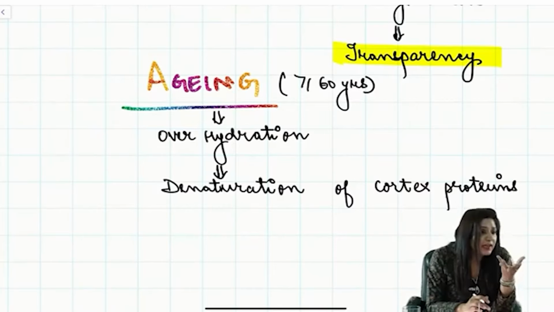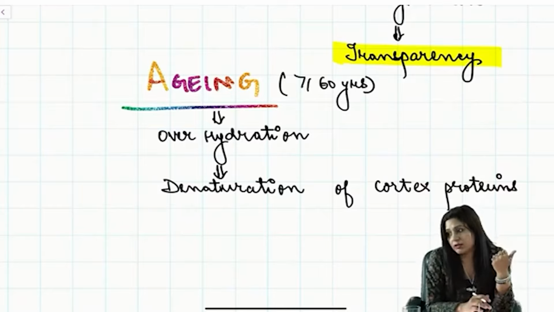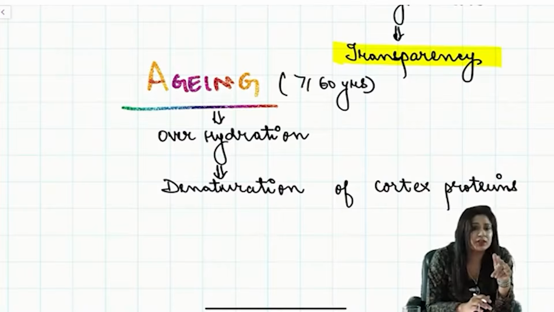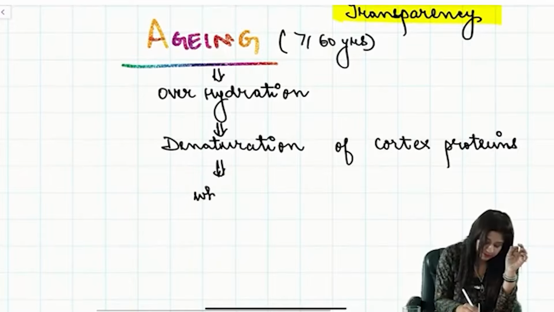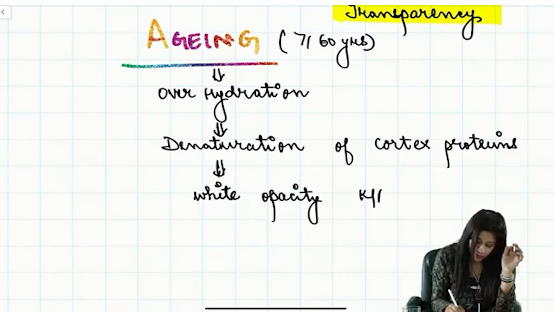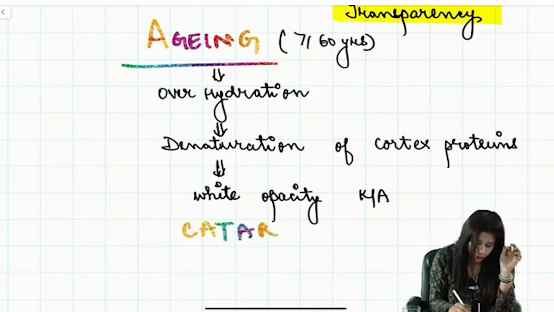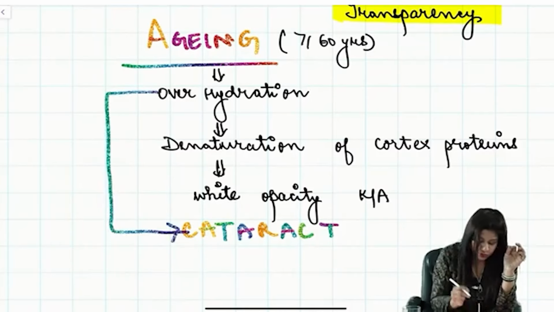So when you boil the egg, they convert into white area, albumin में. इसी तरह से लेंस प्रोटीन्स आर ऑल्सो क्रिस्टलाइन. सो व्हेन देयर इज ओवरहाइड्रेशन, डीनेचुरेशन होगा. डीनेचुरेशन से दे विल कन्वर्ट इनटू व्हाइट ओपेसिटी, एंड दिस व्हाइट ओपेसिटी विल बी कॉल्ड एज कैटरैक्ट. तो दिस इज हाउ एक्चुअली ओवरहाइड्रेशन लीड्स टू कैटरैक्ट.